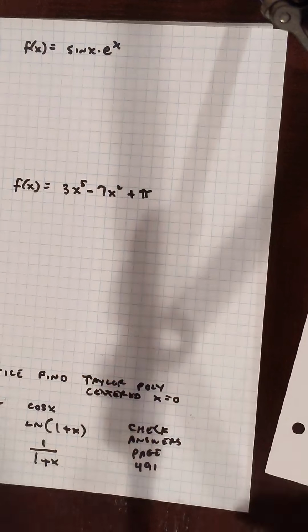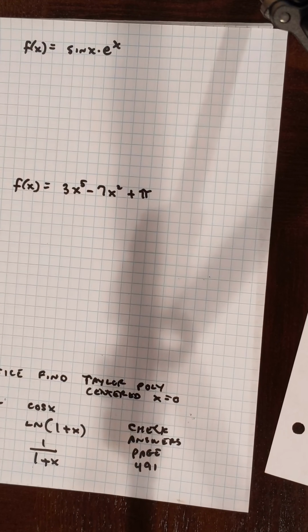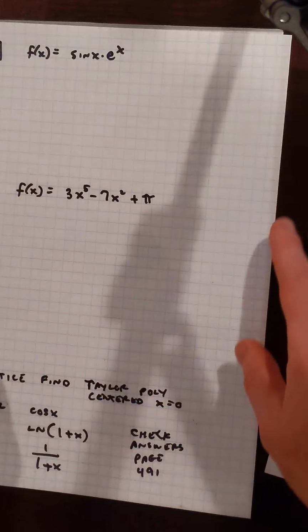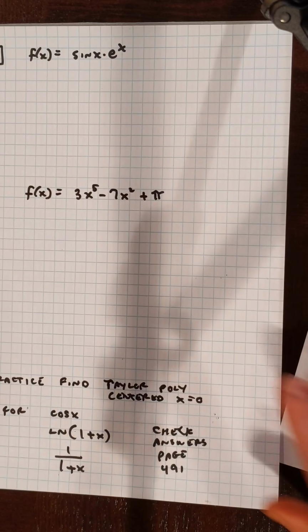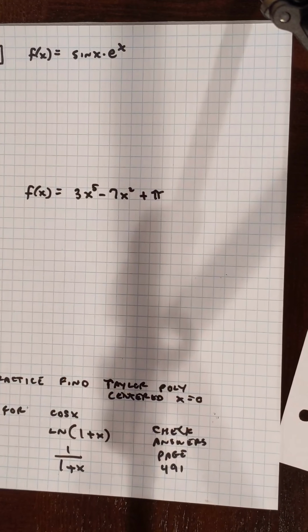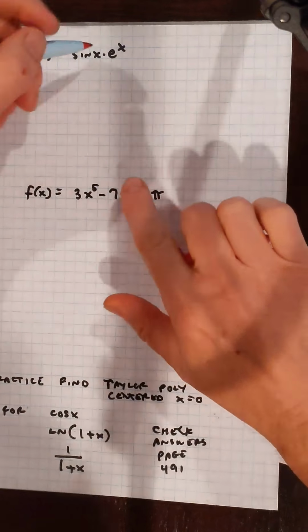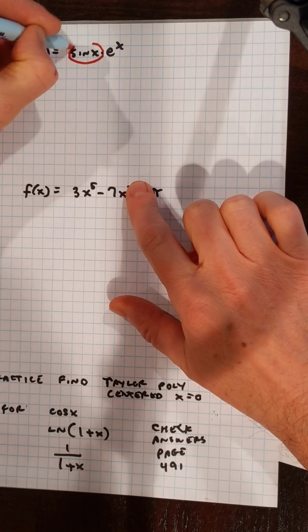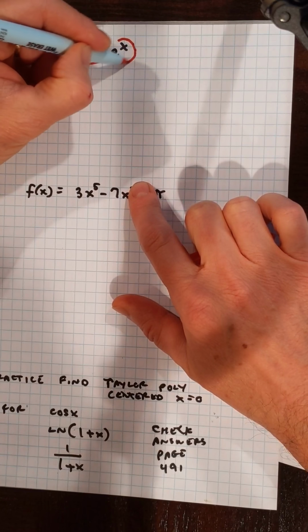All right, quickly look at these two examples, because these two are garbage. Okay, this first one, I want you to note that both of these, I can write the Taylor series polynomial of this centered around 0, and I can write these.